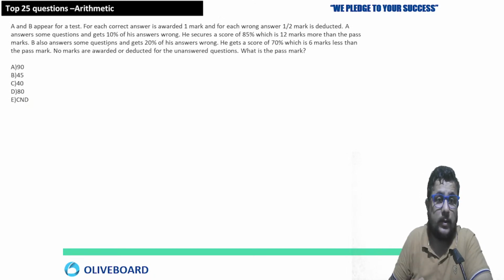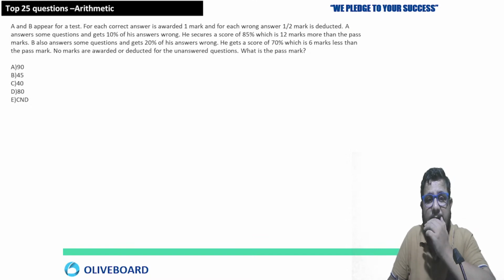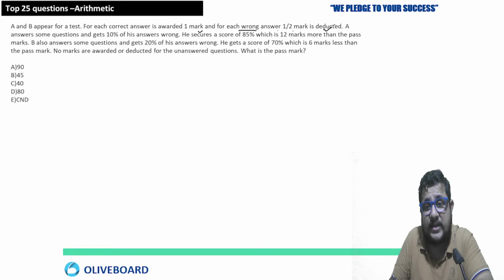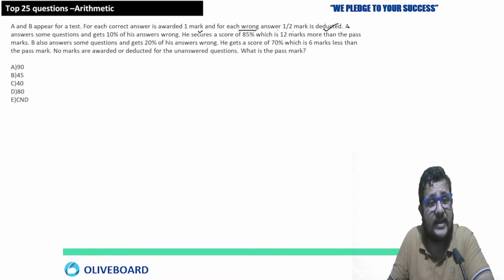What is given here? A and B appear for a test. For each correct answer, one mark is awarded, and for each wrong answer, half a mark is deducted. A answers some questions and gets 10% of his answers wrong.